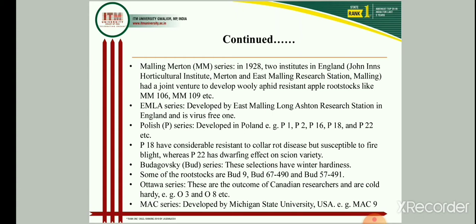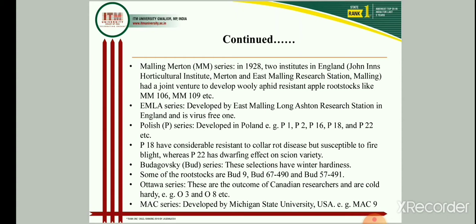Then two research institutes, John Innes Horticultural Institute Merton and East Malling Research Station Malling, worked jointly and developed the Malling Merton series, which had woolly aphid resistance capacity.